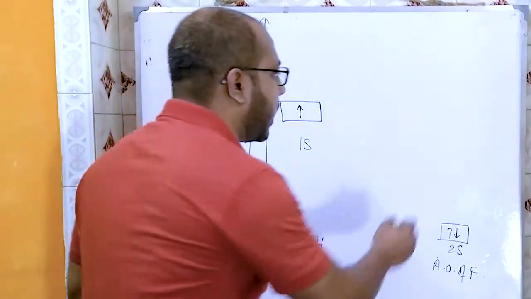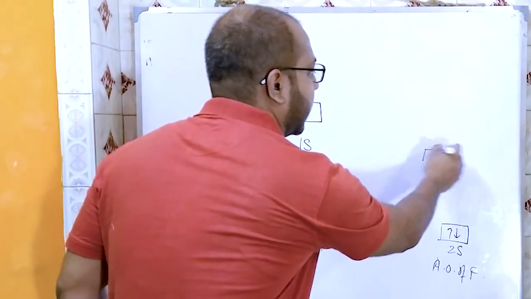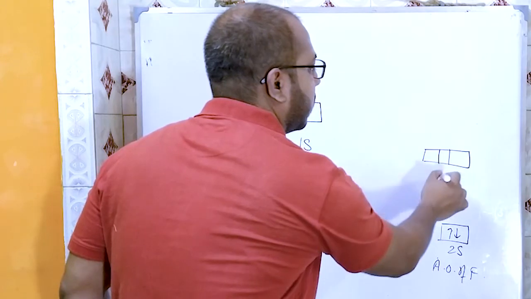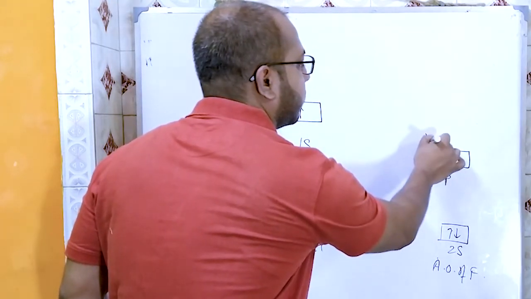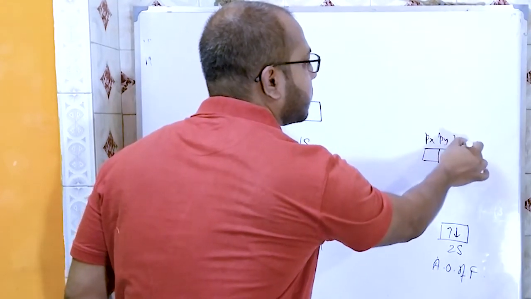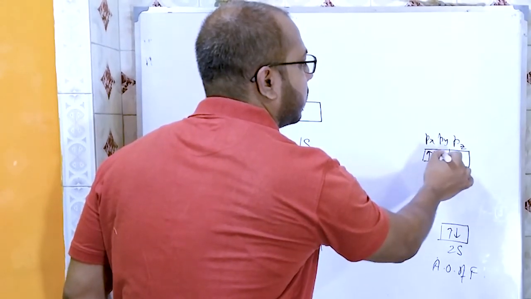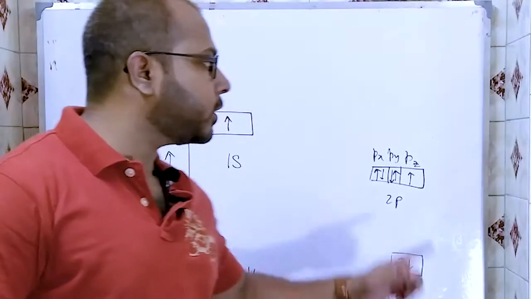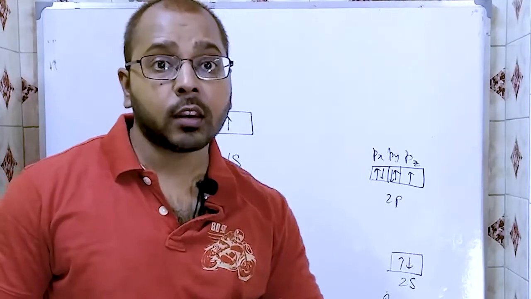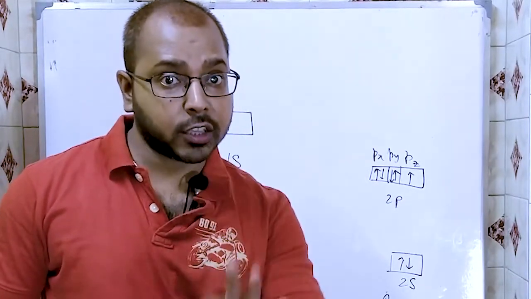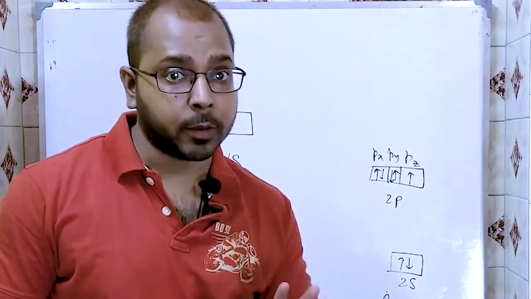Now come to this part, that is our 2p part, the fluorine 2p, px, py, pz. Look at that. Fluorine is 2p5, you know. Remember the configuration of fluorine: 1s2, 2s2, 2p5.